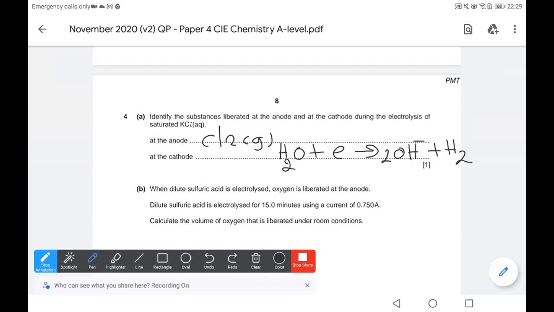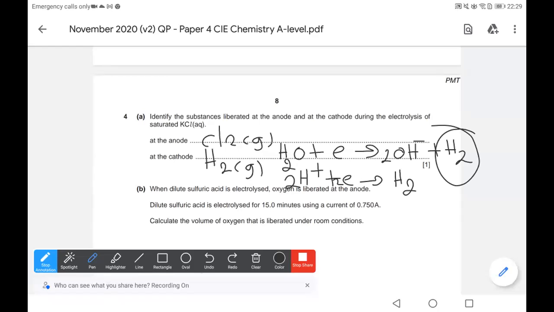Normally in O level we write H+ takes electrons and forms hydrogen. Do we have to show the half equation? No, just the product. So H2, no need to show the reaction.